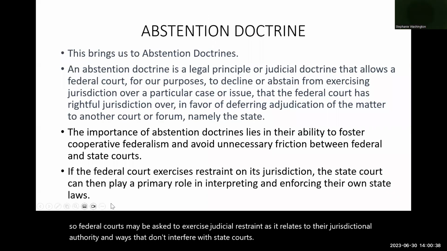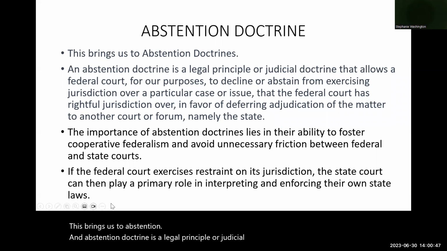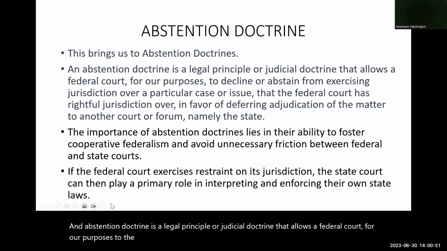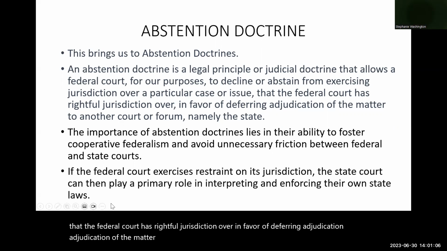This brings us to abstention. An abstention doctrine is a legal principle or judicial doctrine that allows a federal court, for our purposes, to decline or abstain from exercising jurisdiction over a particular case or issue that the federal court has rightful jurisdiction over in favor of deferring adjudication of the matter to another court, for our purposes, namely the state court.